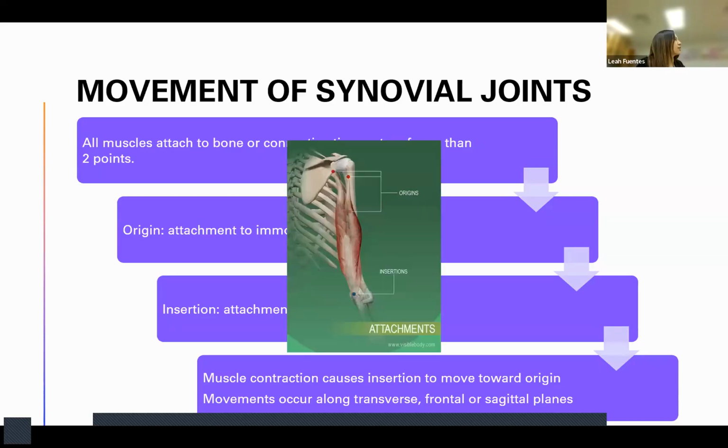And I think I have, yes, an example here. If you can see it, we have our origins here, which again is the less movable bone, and then our insertion down here. And this would be your biceps brachii. On the lecture exam specifically, it may give you a specific muscle and then ask you to identify its origin or its insertion.